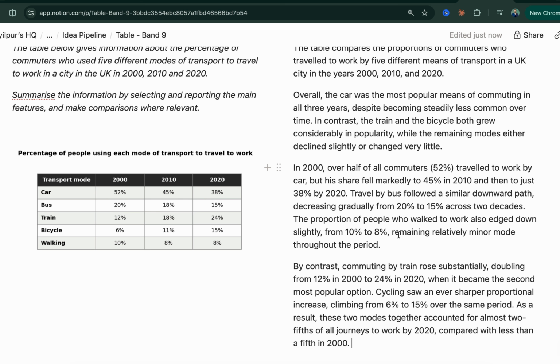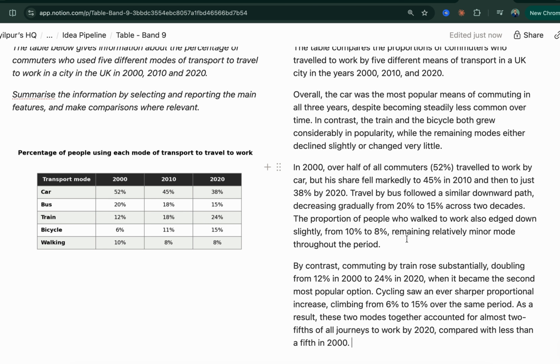And that would be the final sentence. And that is true because in 2020, 24% plus 15% will make it 39%, which is almost 40. But in 2000, they were just under 20%, at 18%. So this is a nice sentence to add, showing how much these two actually increased.